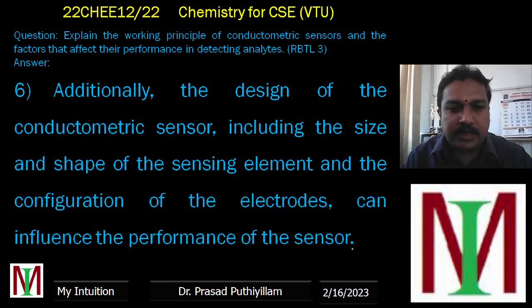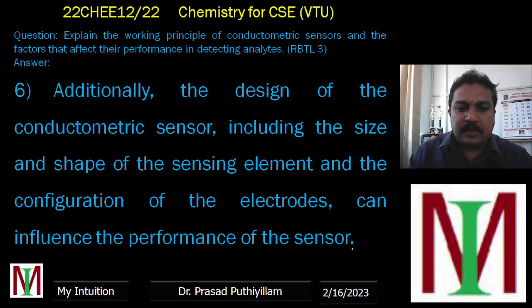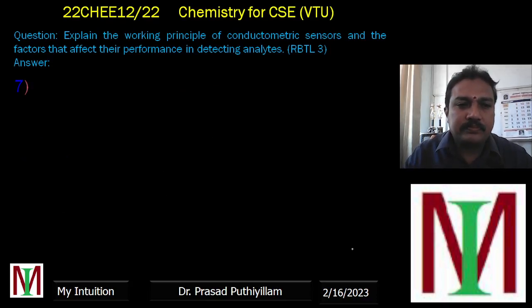Additionally, the design of the conductometric sensor, including the size and shape of the sensing element and the configuration of the electrode, can influence the performance of the sensor. Not only temperature or the analyte, even the size of the sensing element used and how the electrodes are configured will also affect the performance.